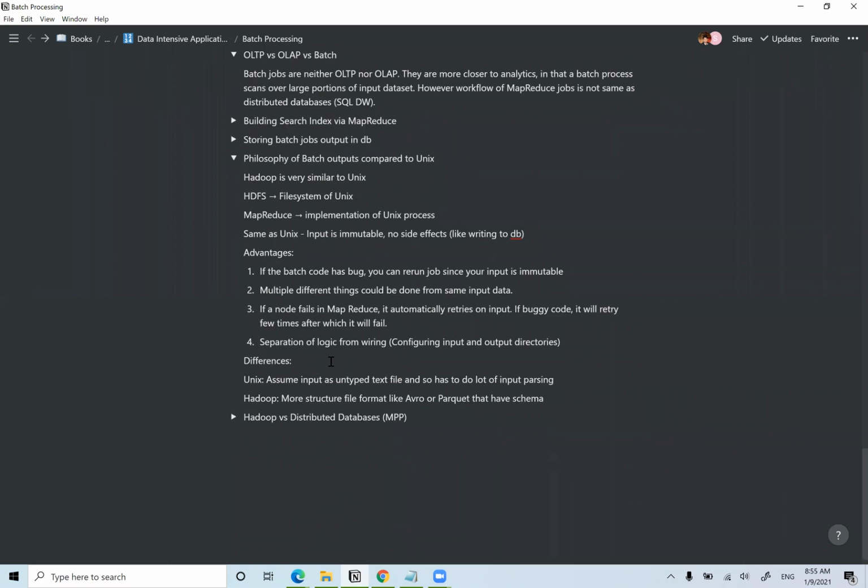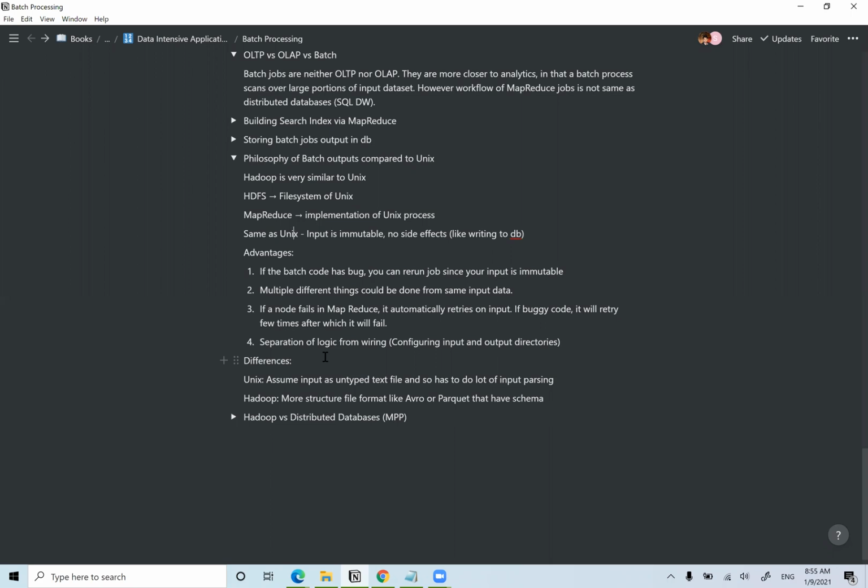The other difference which was mentioned between Unix and Hadoop is that in Unix, the input is basically a raw input text file, right? And you have to do a lot of input parsing. In the example we saw initially, the file contained sentences and you had to get the seventh word which was important to you, right?